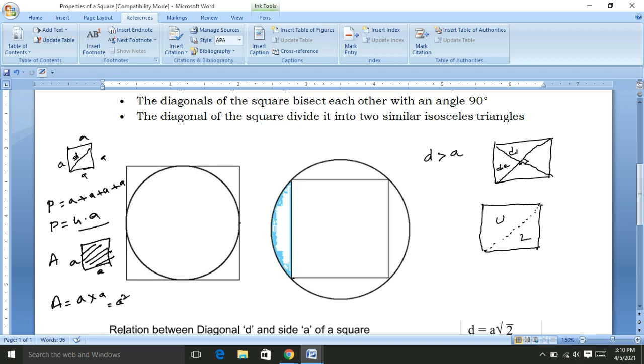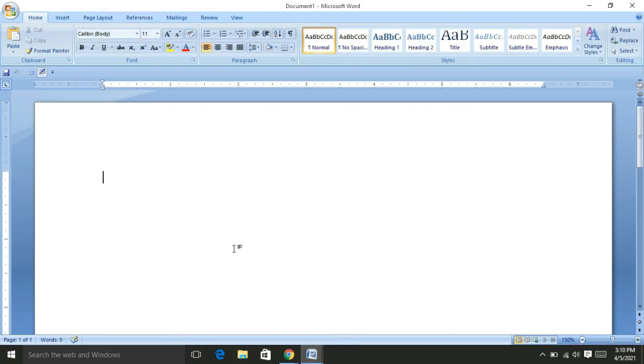So we will do one problem here by considering the area and the perimeter of the square. Suppose the side of the square A is 3 centimeters, right? The value of the side of the square A equals 3 centimeters. Then perimeter P equals 4 into A, that equals 4 into 3, that equals 12 centimeters.